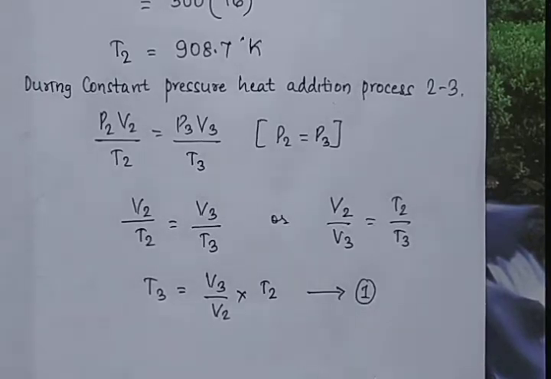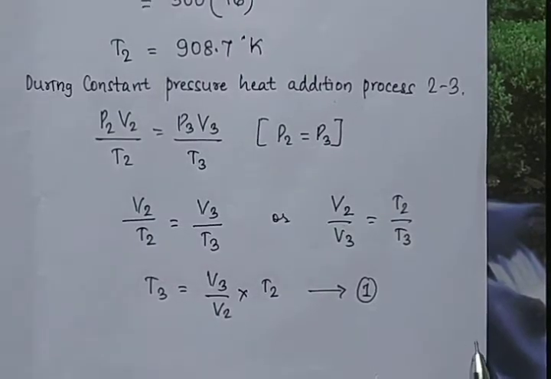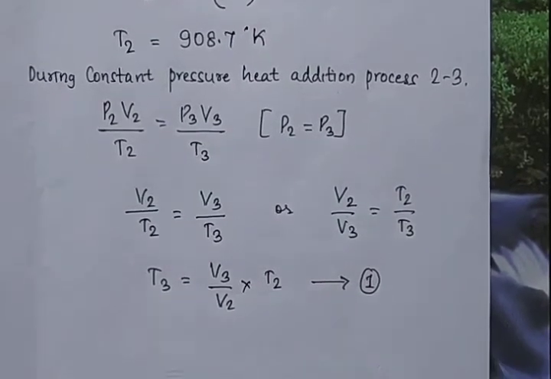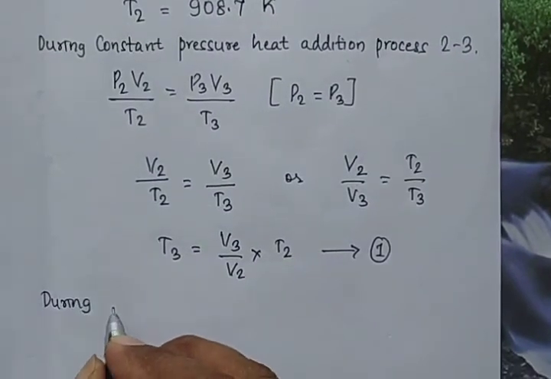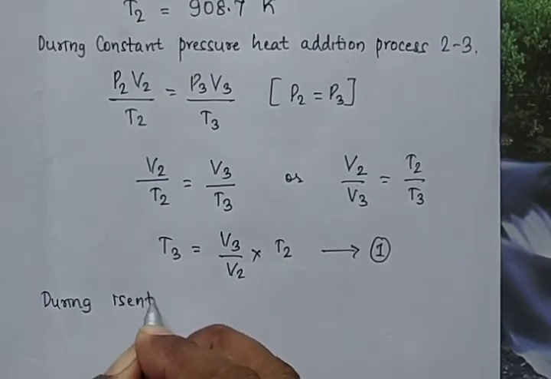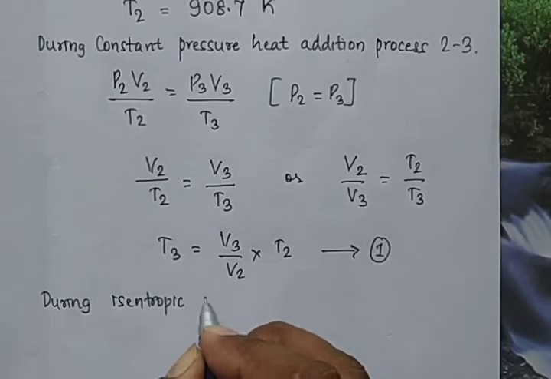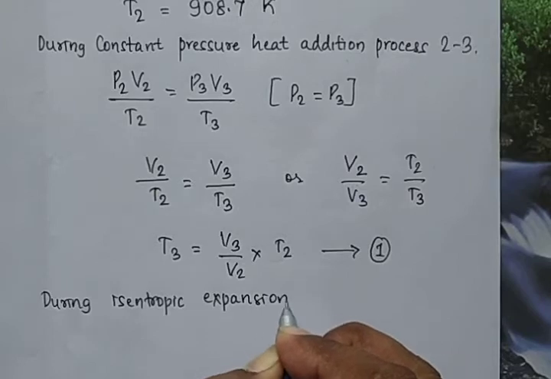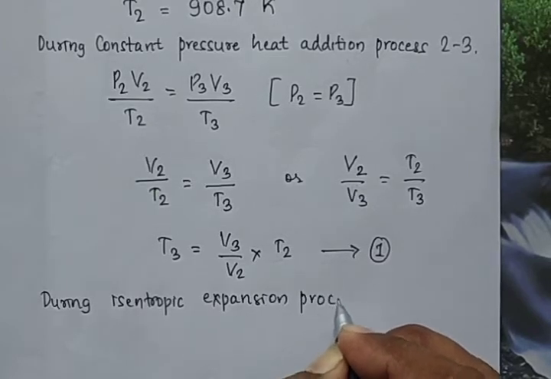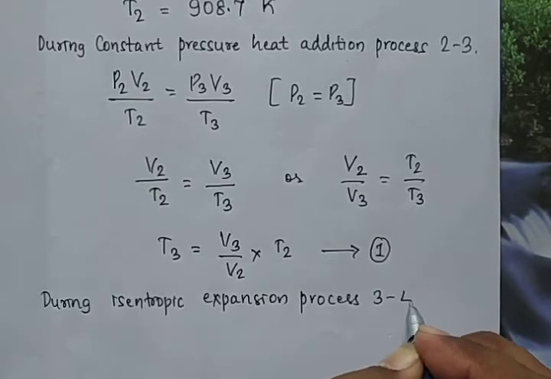Because I don't know the value of V3 or the value of V2, and I only know the value of T2, I cannot find out the value of T3. So I will take the next process, that is the isentropic expansion process (3 to 4).